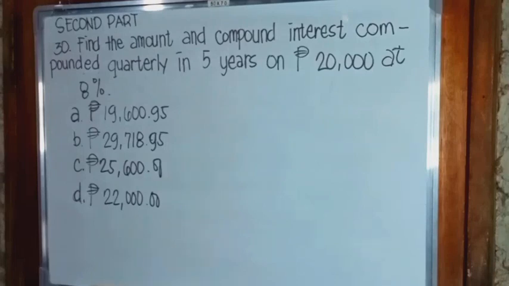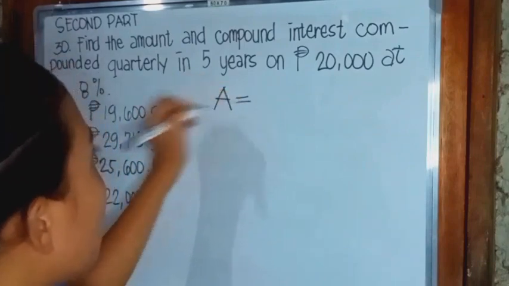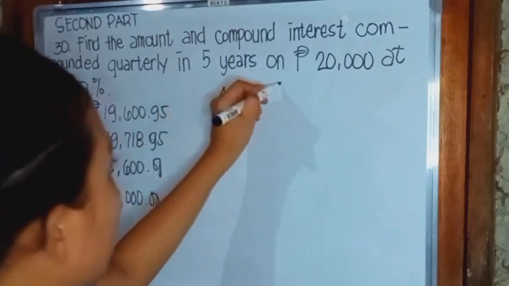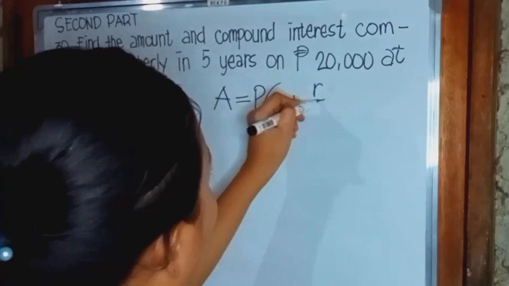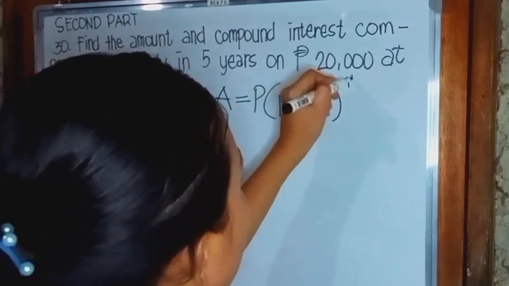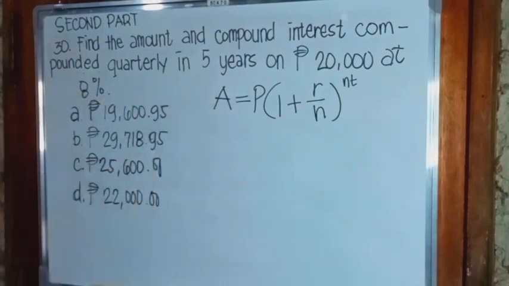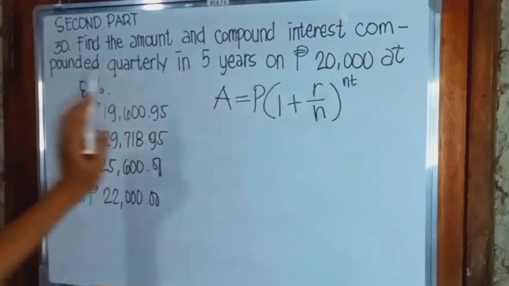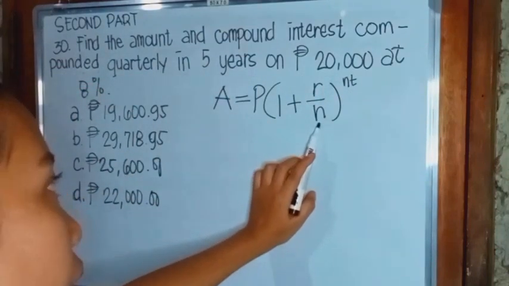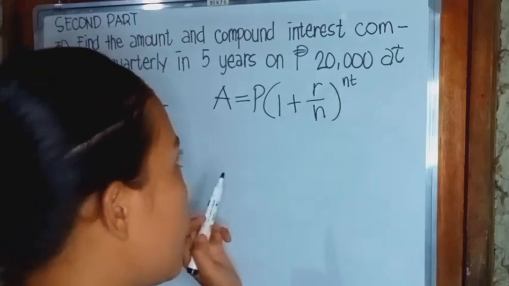In order to find the amount of a compounded money in T years, we have the formula: amount or the future value is equal to the principal value times the quantity 1 plus R over N raised to N times T, where A is the amount after 5 years or the future value, and P is the principal value, which is 20,000, and R is the rate, which is 8%, and N is how many times the interest was compounded, and T is the number of years.